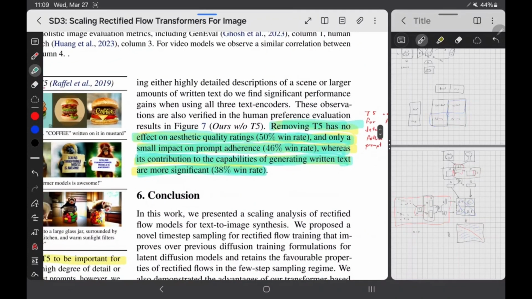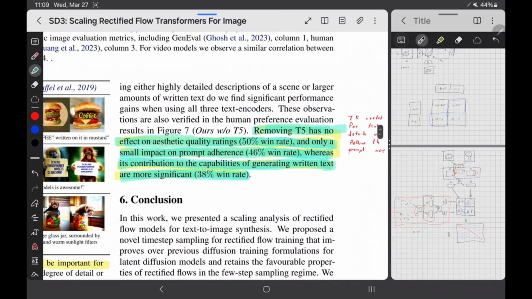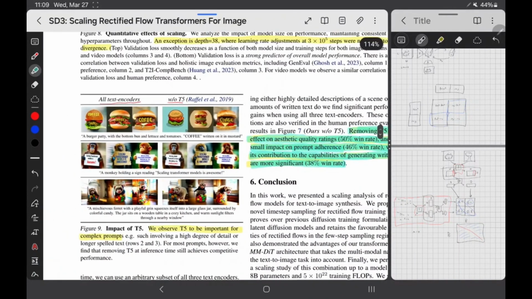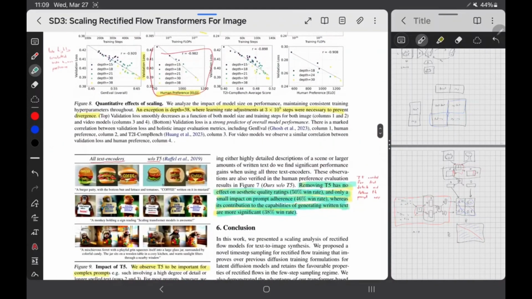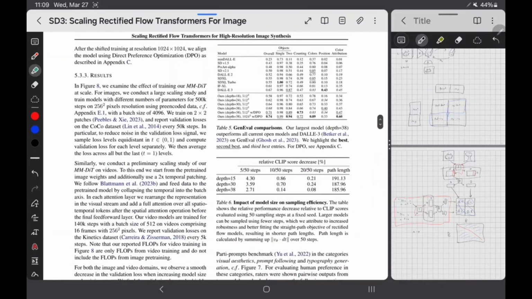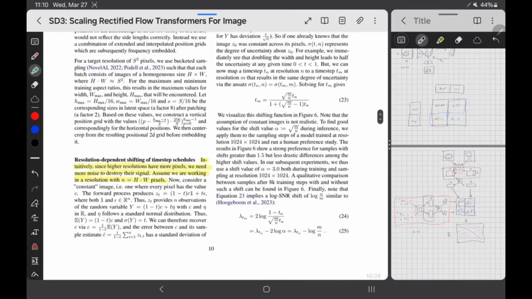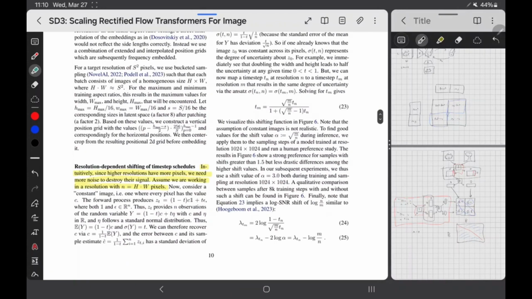So T5 is basically needed to generate this good quality text, or at least it helps a lot, and it helps with prompt adherence. So you do need T5. It's quite useful, and they mention down here that T5 is quite useful in the model. It's not just this big block, a lot of computation that is useless.